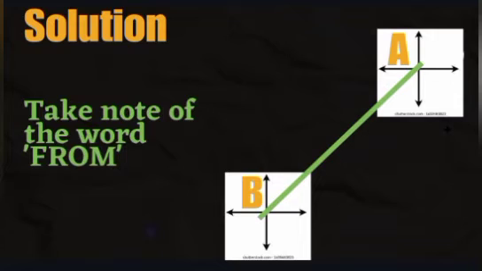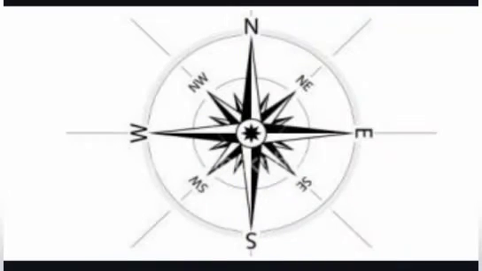So in this point, I have a green line to connect point A and point B. Now the next thing for compass bearing is to simply look at your compass and see which of these compass directions is the given line touching at the point of interest.